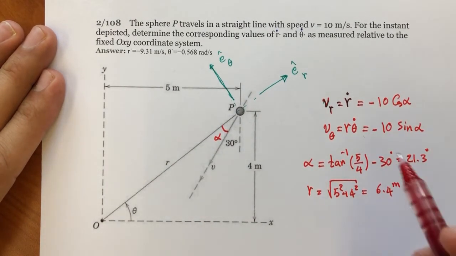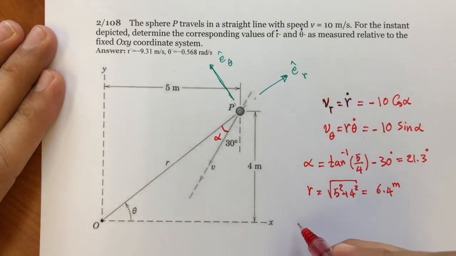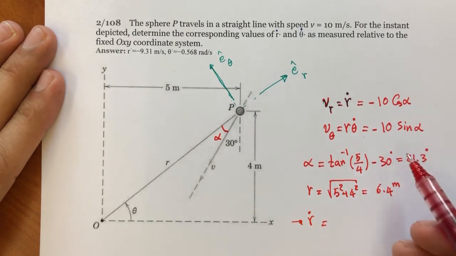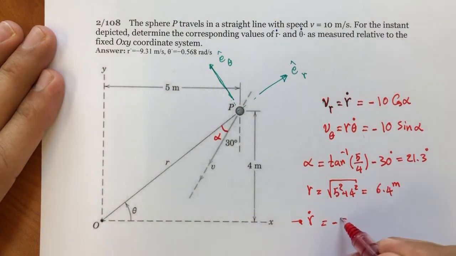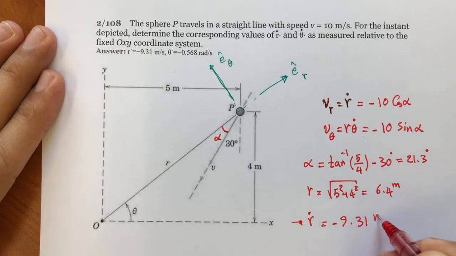So combining all of these, r dot is going to be negative 10 times cosine of 21.3, which is negative 9.31 meters per second.